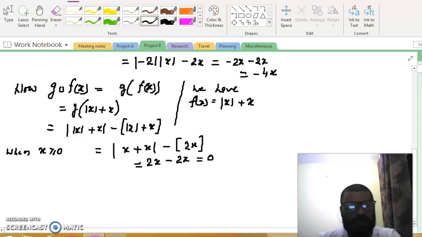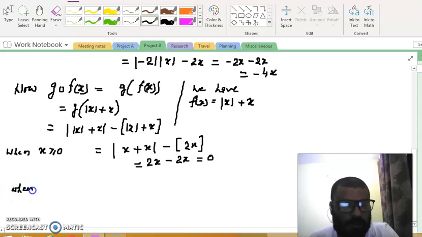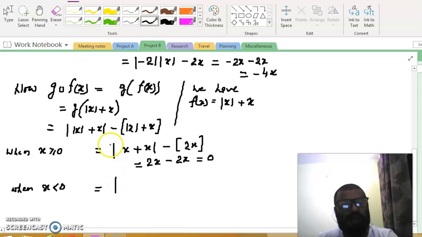Now the second case, when x is less than 0. Doing the same thing, when x is less than 0, this x you have to take negative.